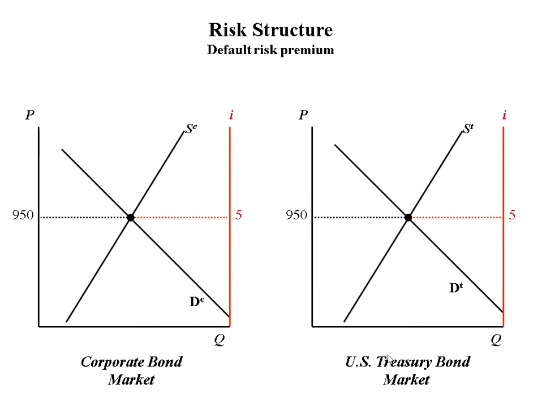Everything's the same in terms of default risk, price, quantity. Everything's identical in this initial state. There is no default risk if you hold a corporate bond. And if that's the case, then the price of the corporate bond would be $950. The price of the U.S. Treasury would be $950, and the yield to maturity would be 5%. And then your quantity demanded and supplied would be right here.